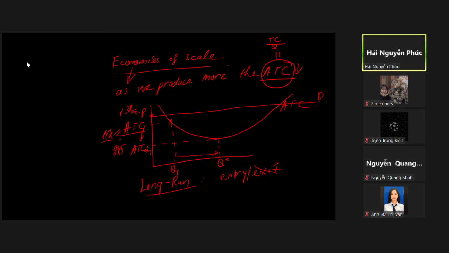Cụ thể trong tình huống này sẽ có hiện tượng gia nhập thị trường, tức là nhiều người cũng sẽ muốn làm nông dân nếu đang có lợi nhuận, và họ sẽ gia nhập thị trường, điều đó sẽ khiến đường cầu dịch chuyển xuống phía dưới. Em có hiểu ý tưởng này không nhỉ? Cho đến khi nào nó bằng đúng với chi phí trung bình tối thiểu.